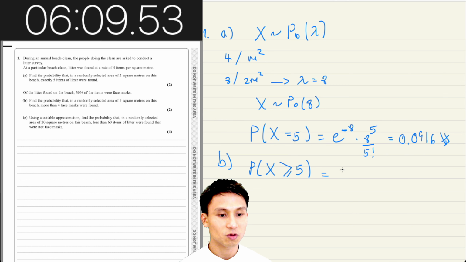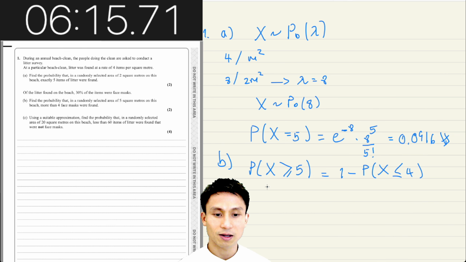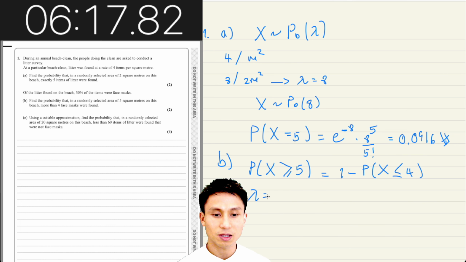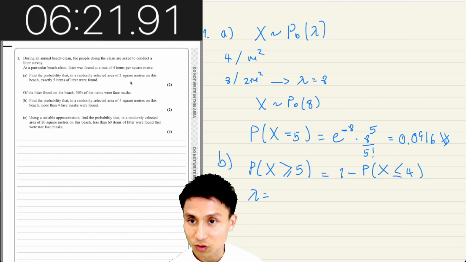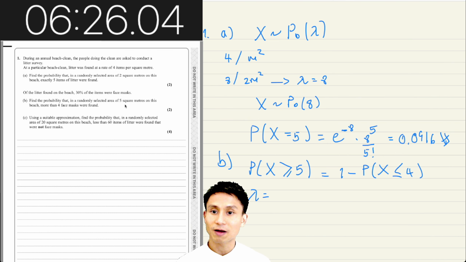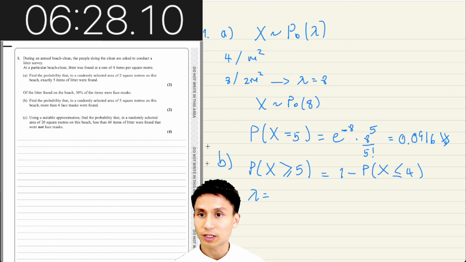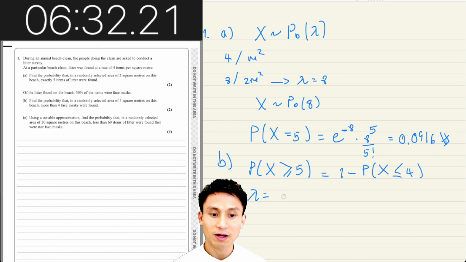So that would be 1 minus P(X less than or equal to 4). And lambda, because this is 5 square meters, so we multiply 5 divided by 2, okay? Wait, no. Per square meter is already 4, so lambda will be 5 times 4, which is 20.